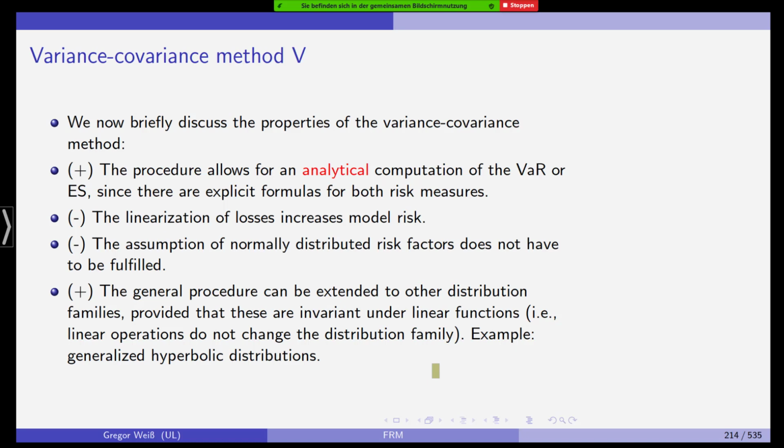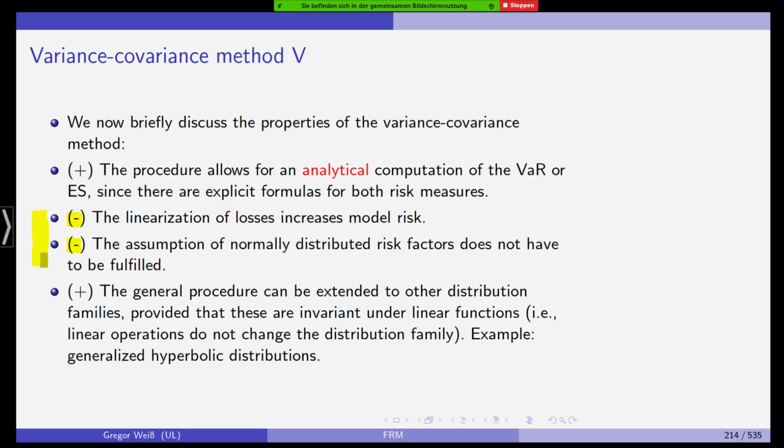However, we need an assumption of normally distributed risk factors. We need a linearization of the risk mapping, and it can also be extended to other distribution functions, but you need to have distributions that are invariant under linear functions. So again, these two assumptions are pretty heavy.